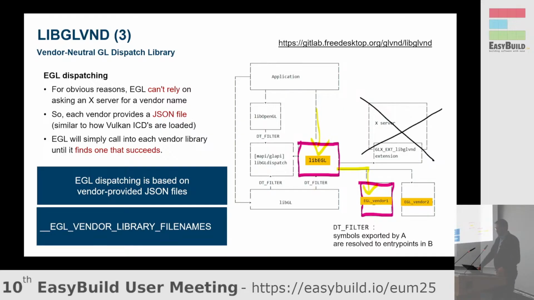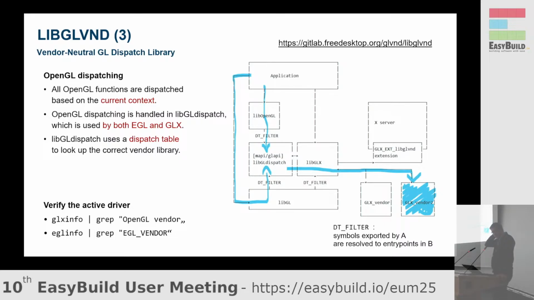The dispatch library checks the vendor libraries it has, goes from the beginning to the end, tries to succeed with one of them, and takes the first one that succeeds as the OpenGL implementation. And the advantage of EGL is that you have no X server, which makes things a little bit less complicated, for the use case in HPC.